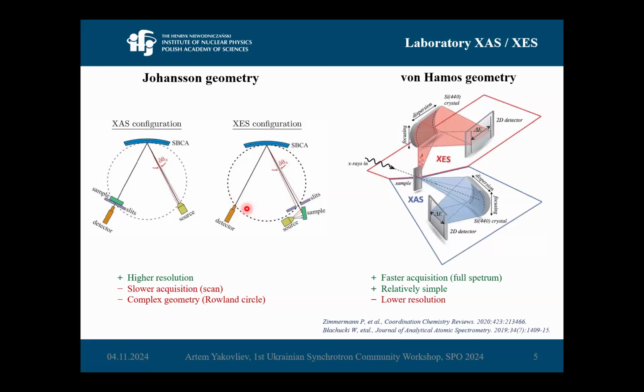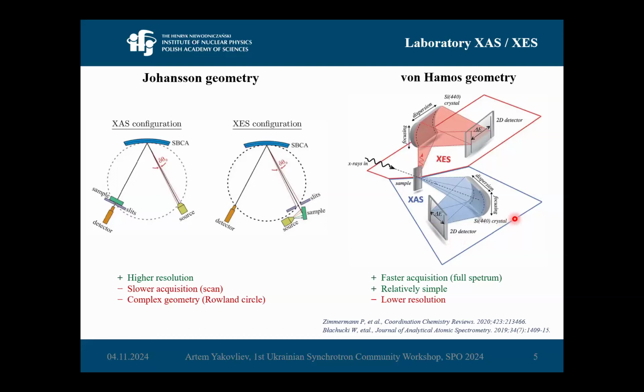And the second type of setup which you can use in your lab is von Hamos geometry. So here we have a similar situation. We have the X-rays in, they pass through your sample, for example, for XAS. And you also have a spherically bent crystal, but you have a 2D detector.